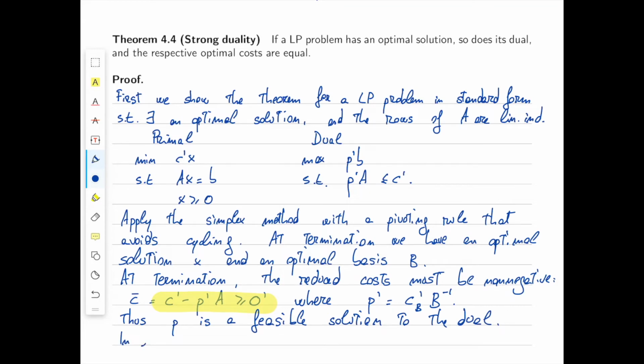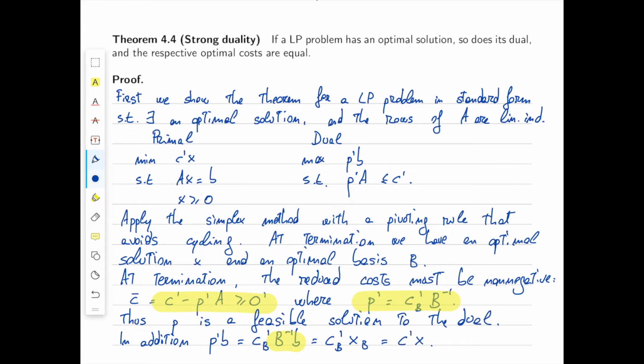In addition, let's look at the cost of P. P transpose B is equal to, we now replace P using this equality, and we obtain C_B transpose B inverse B. Now we know that B inverse B is equal to X_B. So this is equal to C_B transpose times X_B. And this is equal to C transpose X.